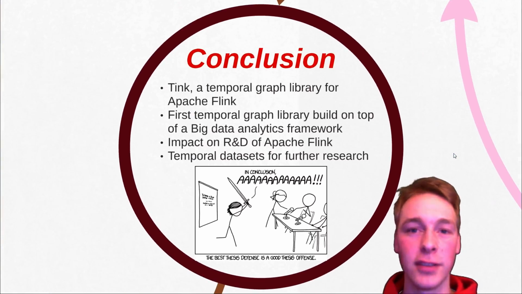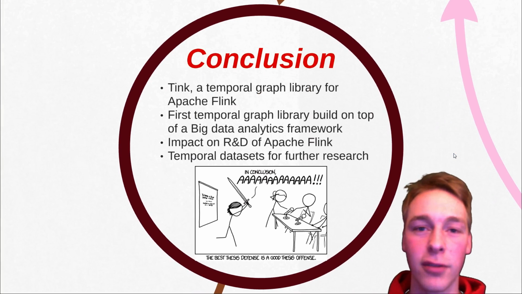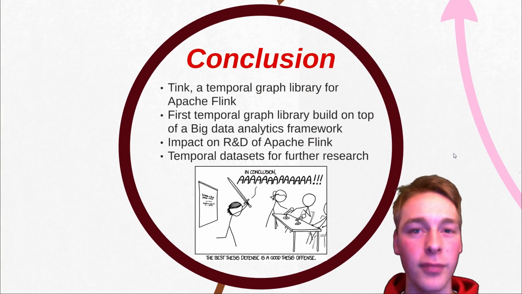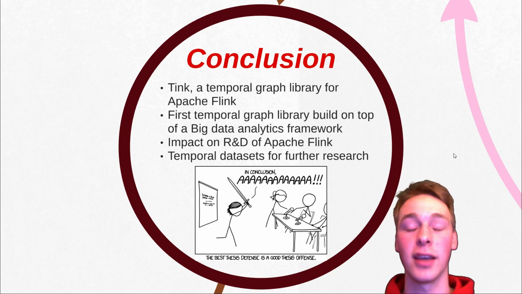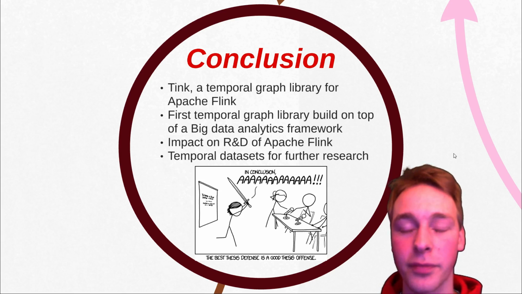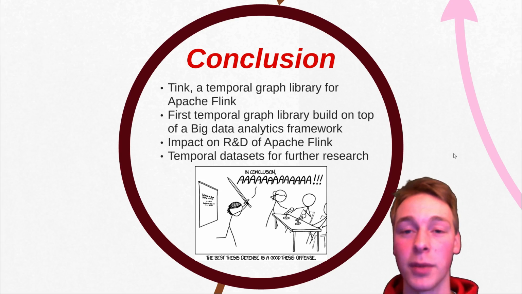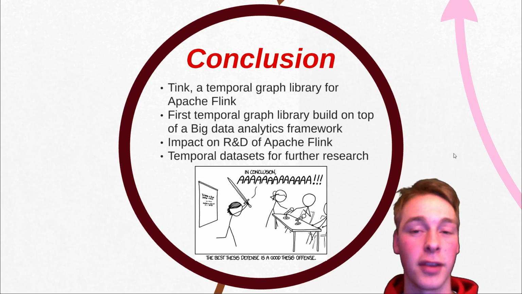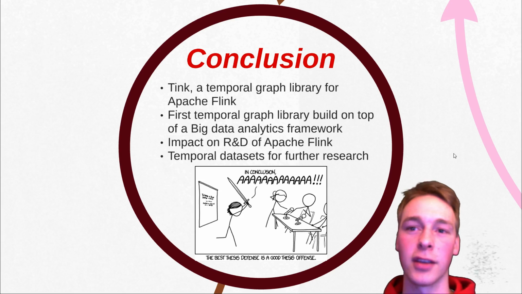That brings me to the conclusion. Tink is a temporal graph library for Apache Flink. It's the first temporal graph library which is built on a big data analytics framework, whereas other libraries and frameworks are mostly built standalone in different ways, and they were also not open source, and they're not really being maintained.